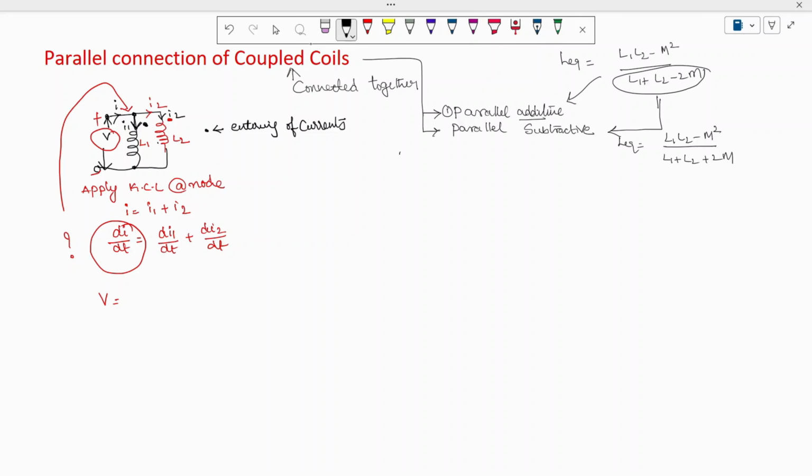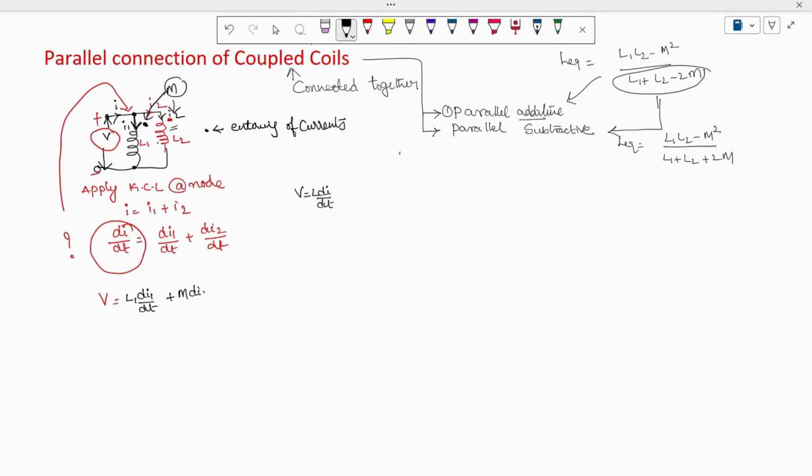Now the total applied voltage V is equal to, and you can see these two inductors have a mutual inductance of M. What is the voltage across an inductor? The formula for voltage across the inductor is V equal to L di by dt. So the inductance of this coil gives V equal to L1 dI1 divided by dt, and it is associated with the mutual inductance of the other coil with a value of M, so we write plus M into dI2 divided by dt, since this mutual inductance is due to the current I2.